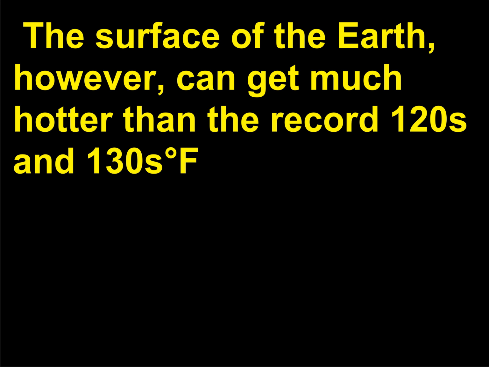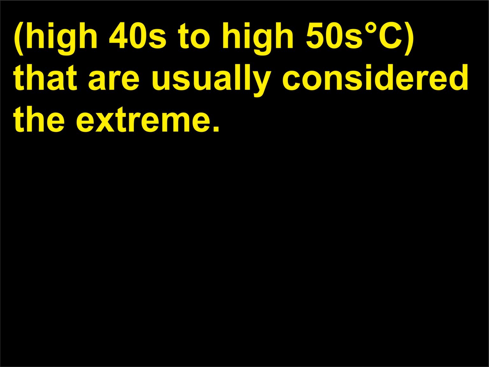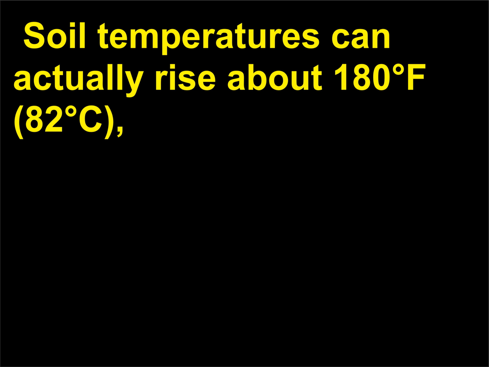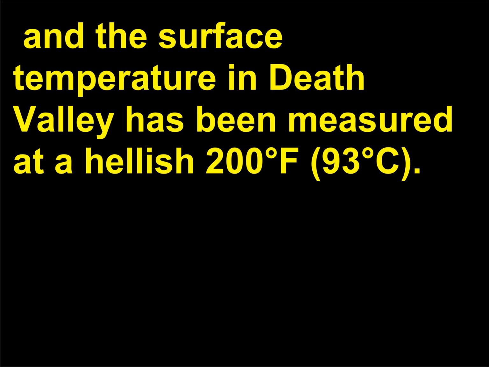The surface of the Earth, however, can get much hotter than the record 120s and 130s degrees F, high 40s to high 50s degrees C, that are usually considered the extreme. Soil temperatures can actually rise above 180 degrees Fahrenheit, 82 degrees Celsius. And the surface temperature in Death Valley has been measured at a hellish 200 degrees Fahrenheit, 93 degrees Celsius.